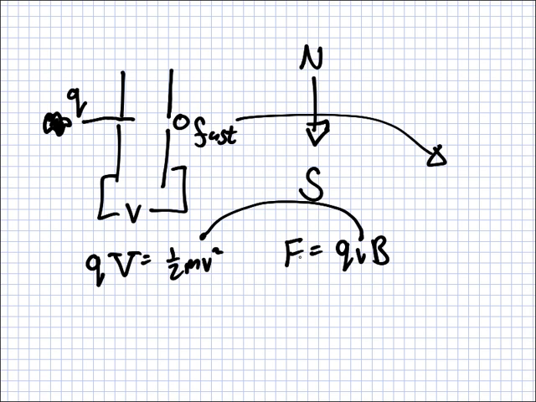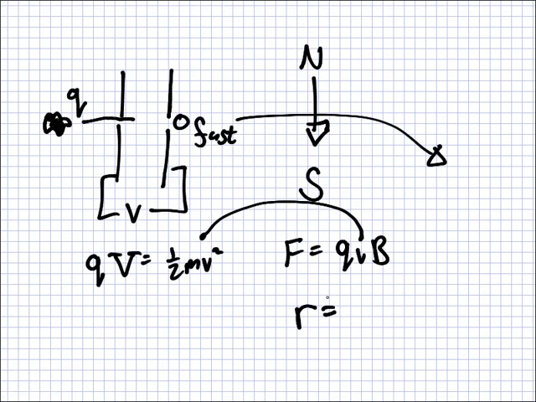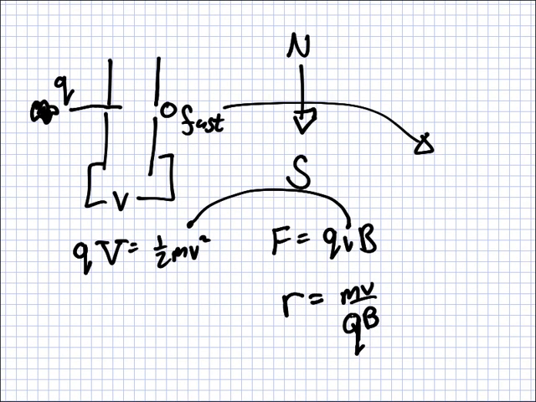But you can use the formula r equals mv over qB. Small q. So what you can do, you can change this into m over q equals rB over v. So you can calculate v easily using this formula.